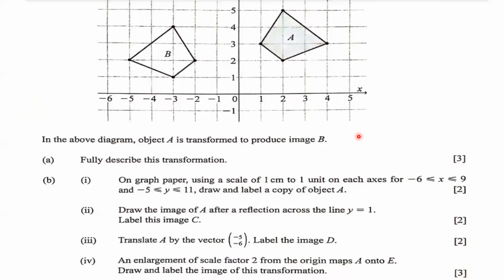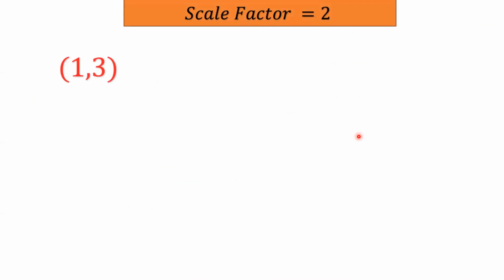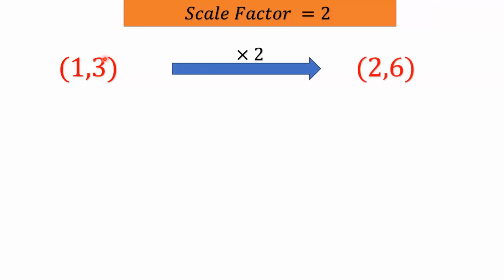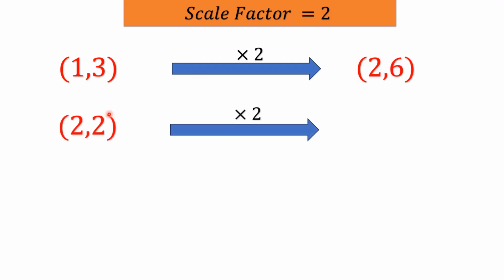We have to take each point and multiply each of those points by 2, remember the scale factor is 2. Our first point is 1, 3. If we multiply that by 2, we have 1 times 2 is 2, and 3 times 2 is 6. Then we have 2, 2. 2 times 2 is 4, and 2 times 2 is 4 as well.